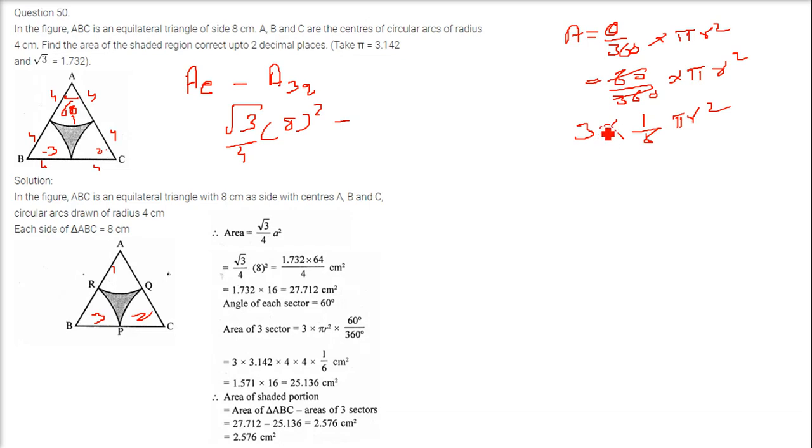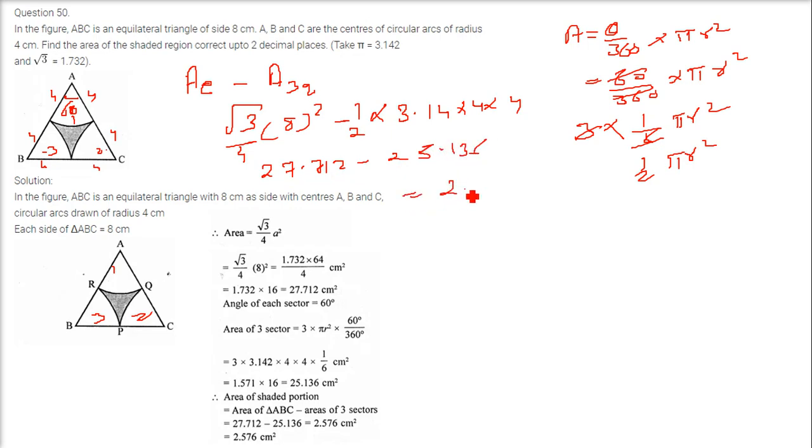So it becomes 1 by 2 pi r square. Pi I'll take as 3.14, and the radius is 4 given in the question, 4 into 4. So this comes to 27.712, this comes to 25.136, so the answer will be 2.576 centimeters square.